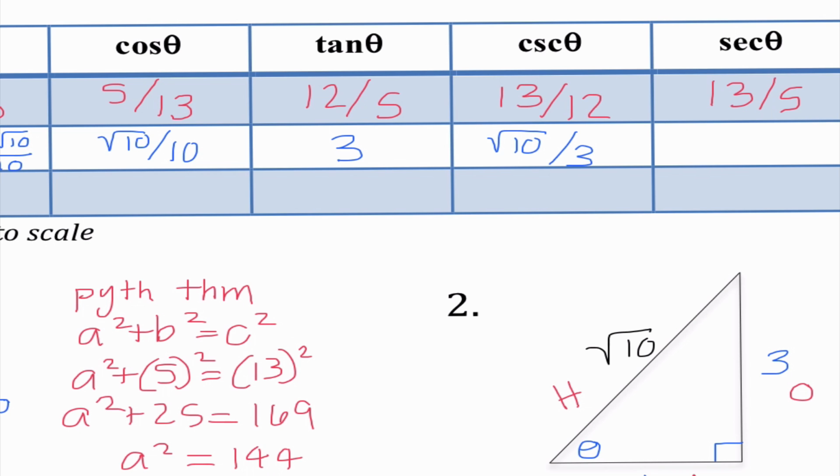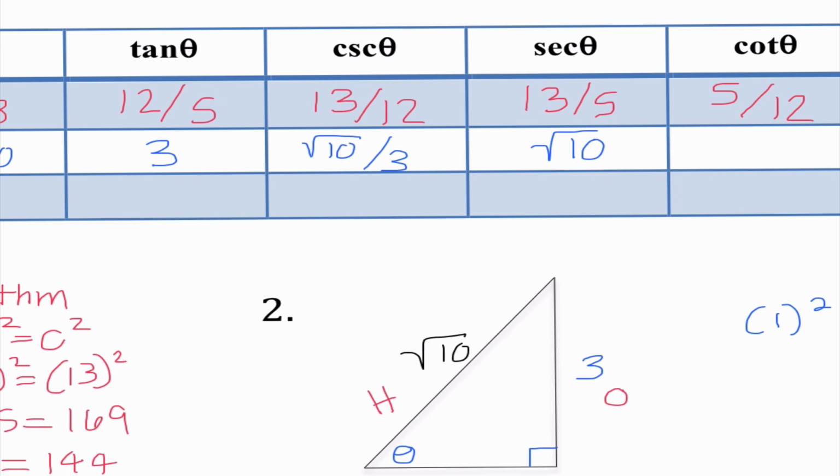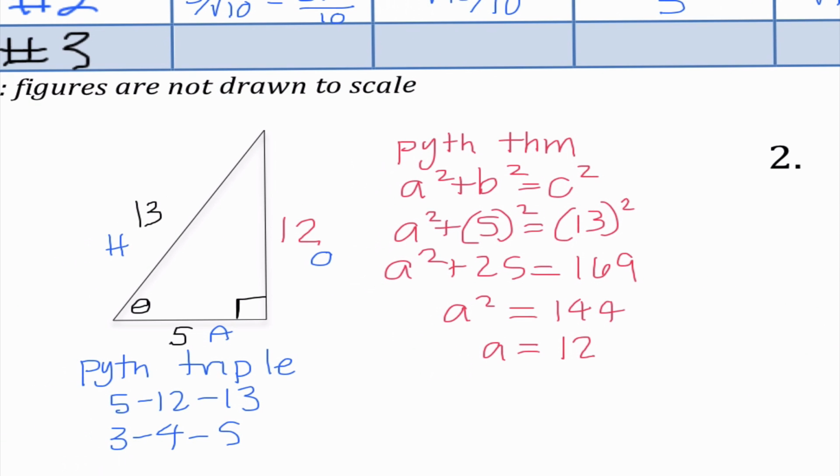Secant, the reciprocal of 1 over radical 10, which is what this originally was, would just be radical 10. And cotangent is the reciprocal of 3, because that's the tan value, so we would get 1/3. Okay, so a lot of your problems on the suggested problems are going to look like this.